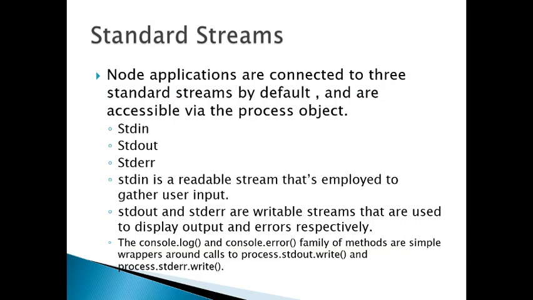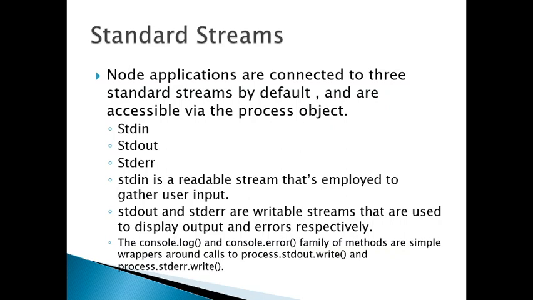Standard streams. Node applications are connected to three standard streams. These standard streams are available throughout every programming language, and you can access them by name. There are three standard streams. One is stdin. You are using this in C, C++, Java, etc., in every language.